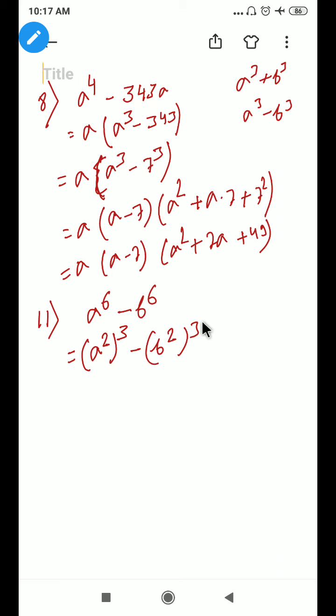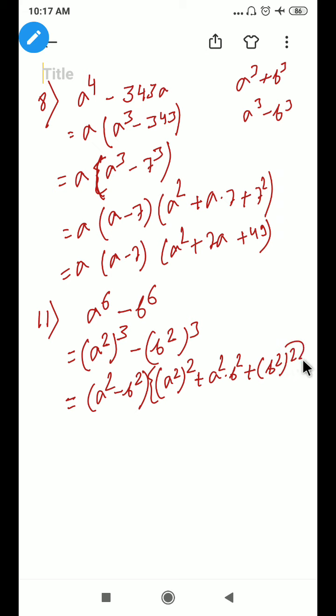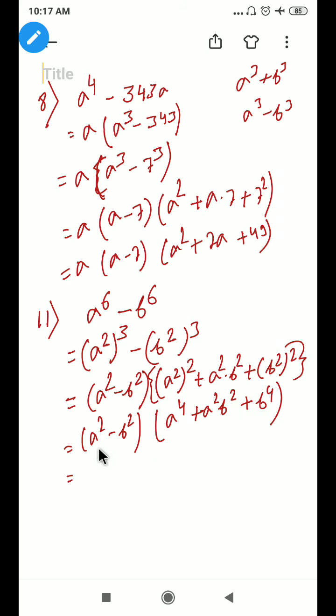Now use the a cube minus b cube formula, where a is a square and b is b square. So (a square minus b square)(a to the power 4 plus a square b square plus b to the power 4). Now here you can write (a plus b) into (a minus b).